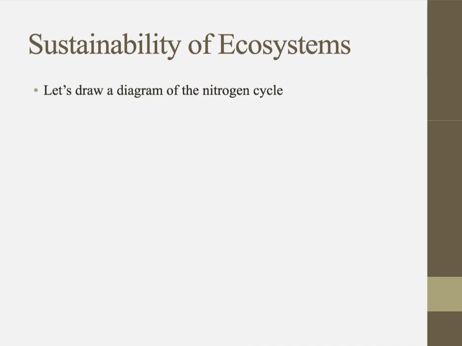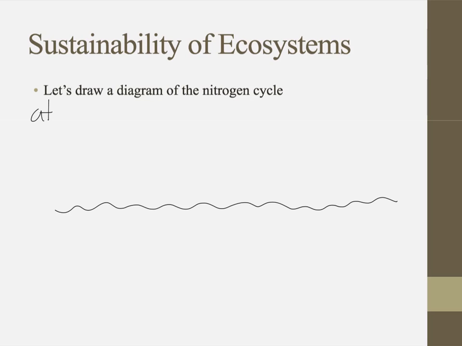I want to apologize in advance for how horrible this drawing is going to be. I'm looking forward to looking at your notes and seeing what wonderful artists you are and how much better you are at drawing than me. But anyways, I'm going to separate my drawing into two spots, because the nitrogen cycle really takes place in a couple of spots.